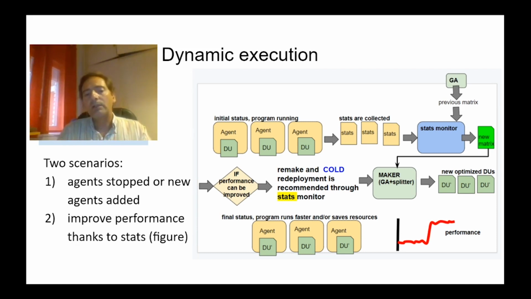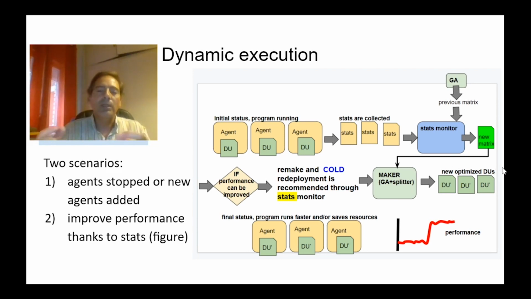There is another scenario in which the performance can be improved thanks to the statistics. During the execution, agents produce statistics that are consumed by the stats monitor. This monitor creates a new matrix, improved with respect to the theoretical matrix created by the graph analyzer. This matrix can be used to make a remake of the program to produce new, more efficient deployable units, because normally these new deployable units save communications.